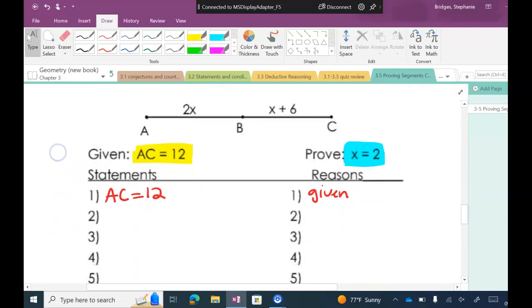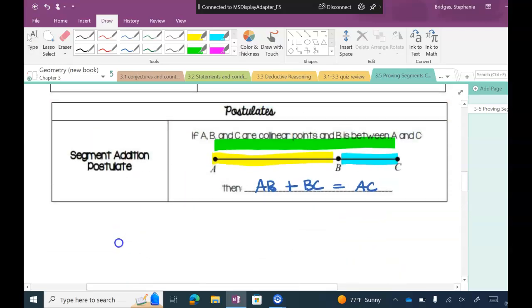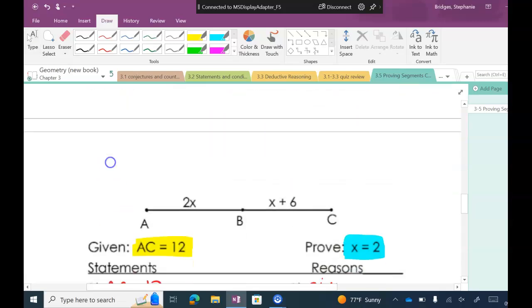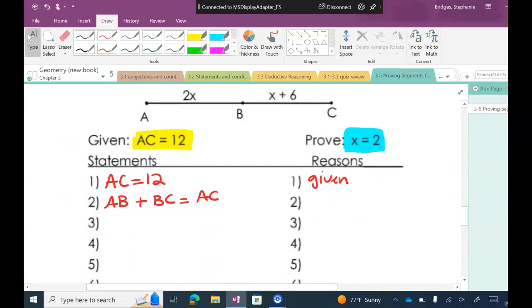So AB plus BC is going to equal, what's the whole thing called? AC. What is that postulate called? The segment addition postulate. So guess what my reason is going to be? The segment addition postulate, yeah.